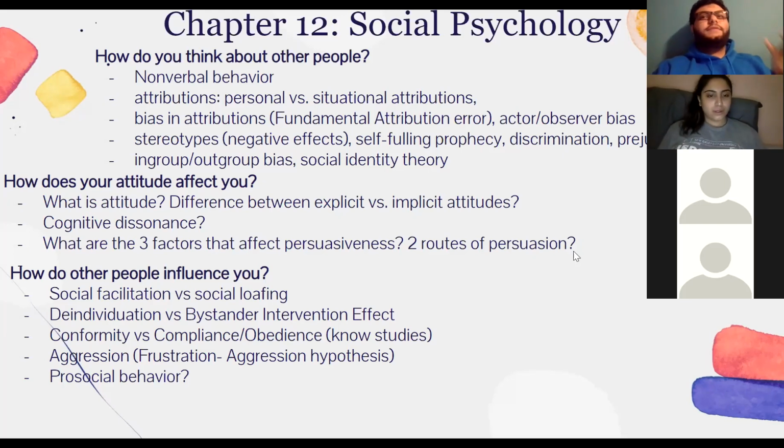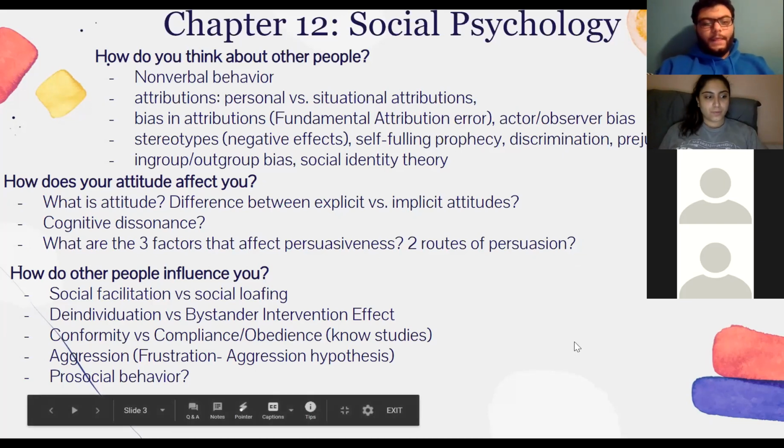Every time someone got something wrong, like a score wrong on a test, the person would be told to shock someone on the other side of the wall, and they would keep increasing the shock until it would become fatal. But they still kept doing it because it was obedience. Awesome. So that would be obedience. Obedience and compliance go together.